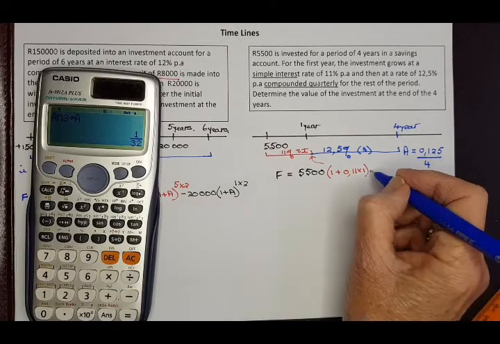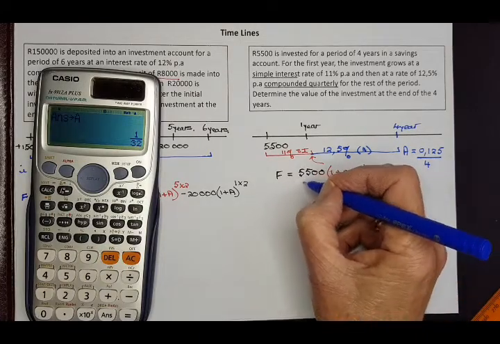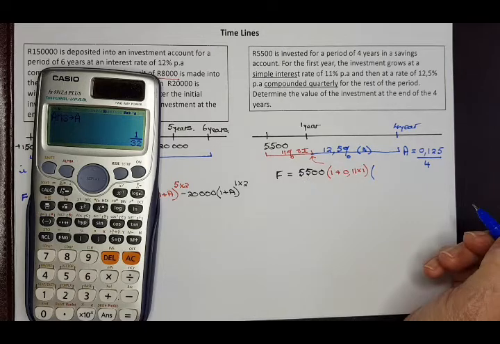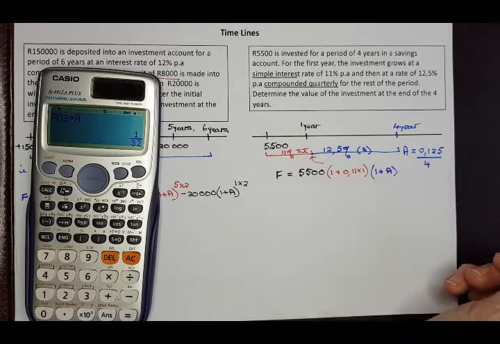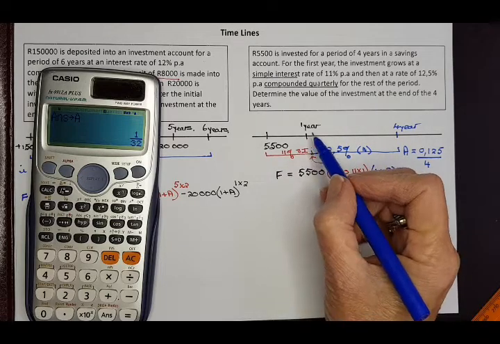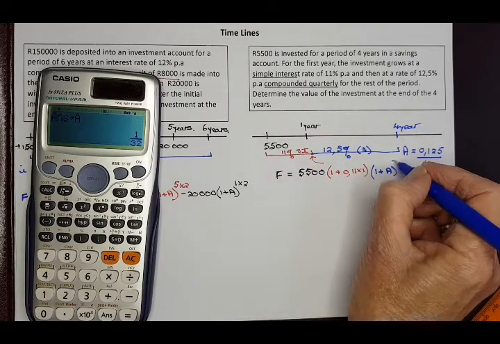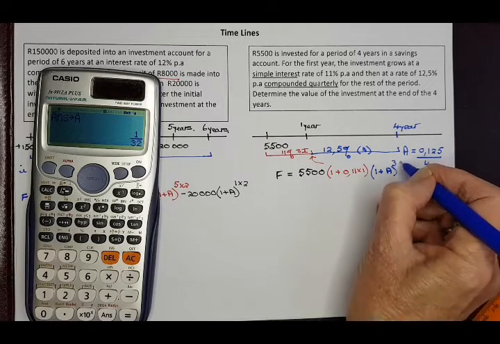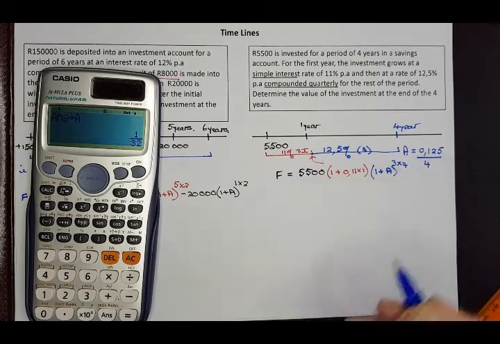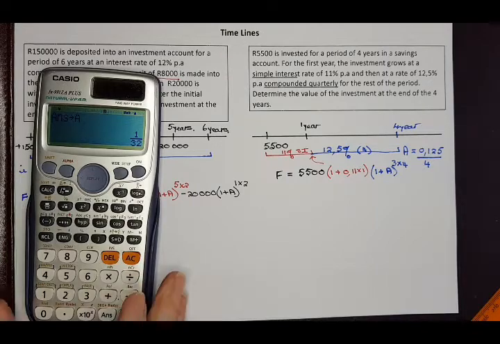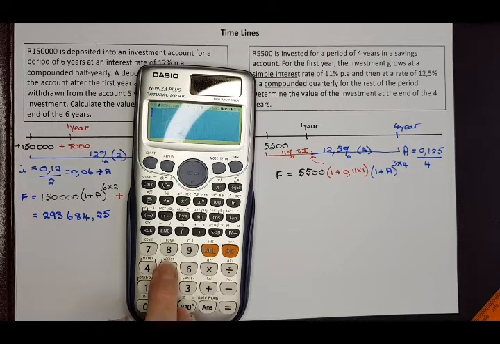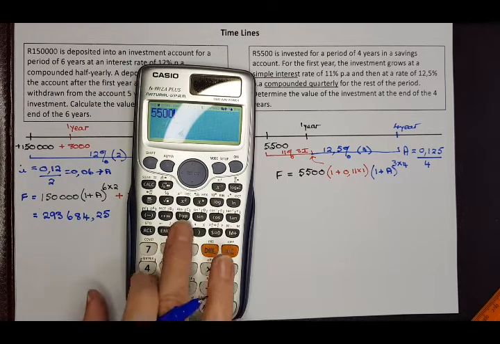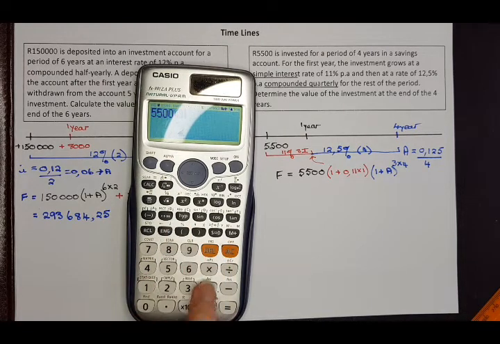Right, so this new present value is invested at that interest rate for a period of 3 years, and it is compounded quarterly. So when we work this out, we have 5500, open our bracket, 1 plus 0.11 times 1.